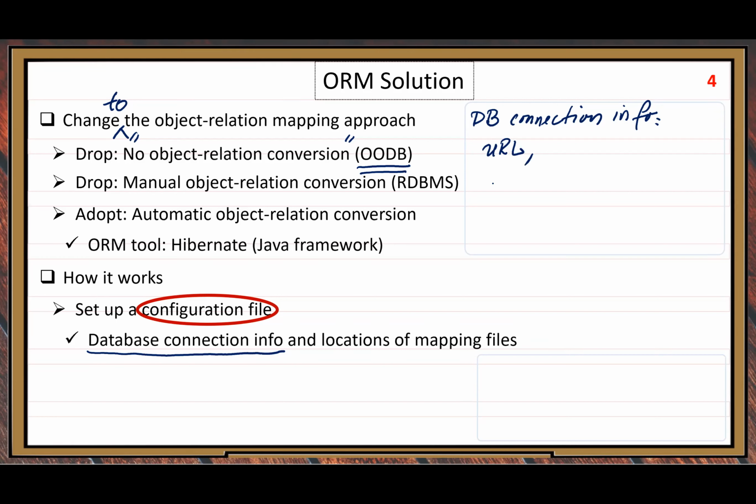URL, right? You need to specify the URL of your database, because you access your database through that URL. Port number: the database is running on a database server, so you need to use some port number.